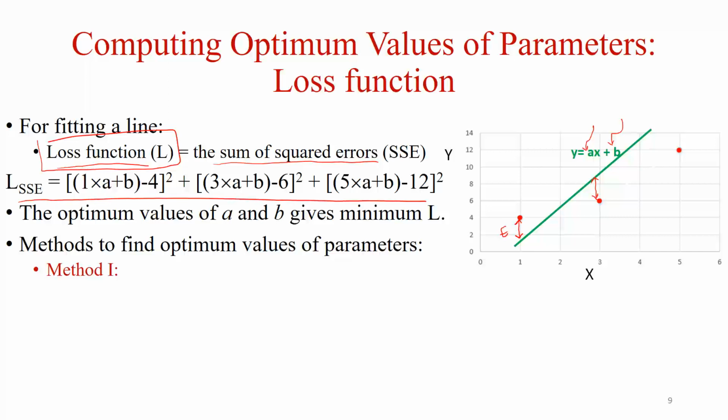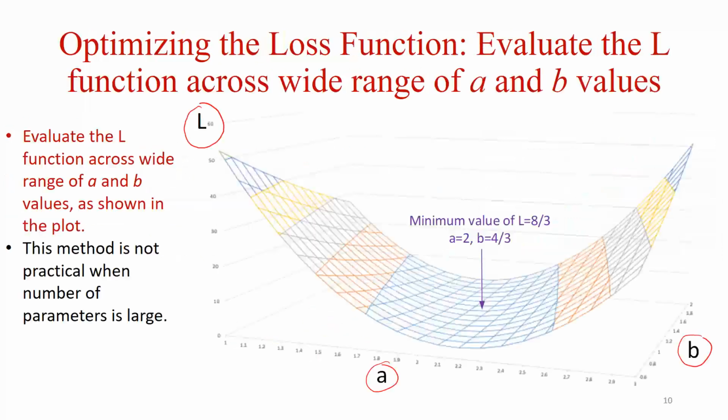You can see that I expressed the loss function as a function of A and B, so I can just vary those A and B's and create this plot. Obviously I want to find the minimum value of the loss function, right? And when I look at it, I find the value of A is 2 and B is 4/3.